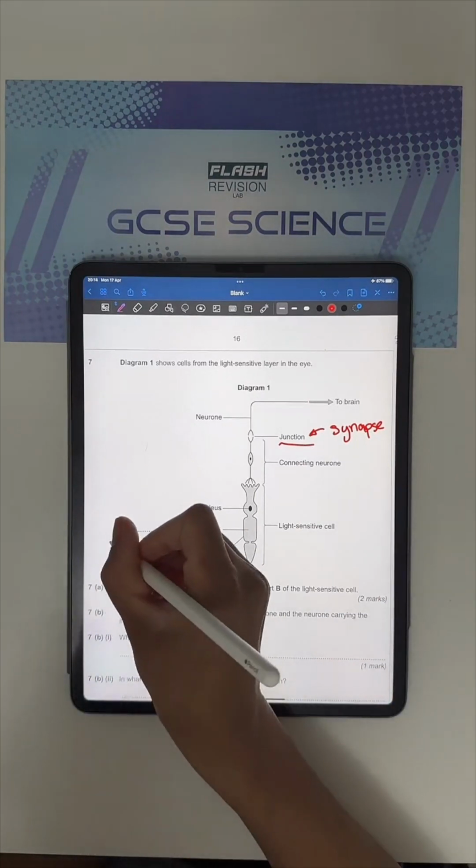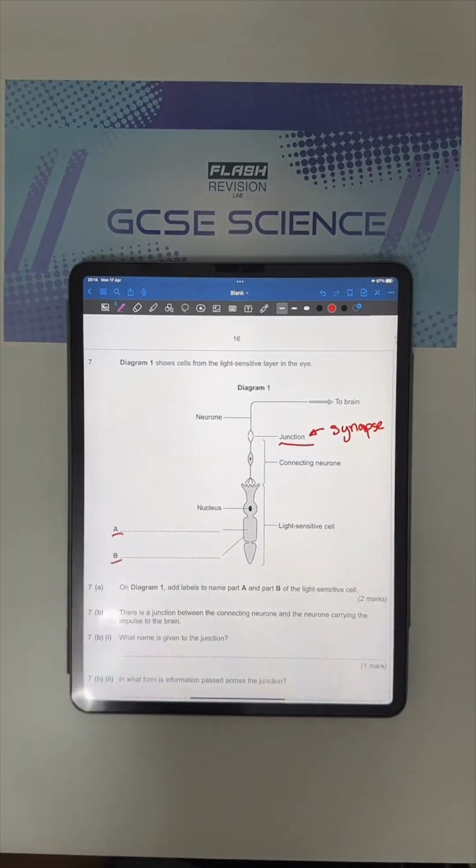So does anyone know what A and B are? What examples are these for? This one in particular is for AQA, but in these sessions, we'll be looking at AQA, OCR and Edexcel. Does anyone think they know what A and B could be?